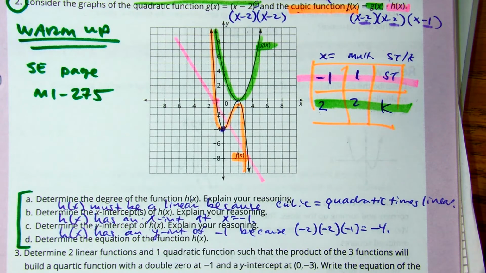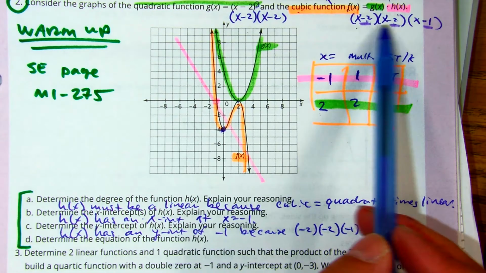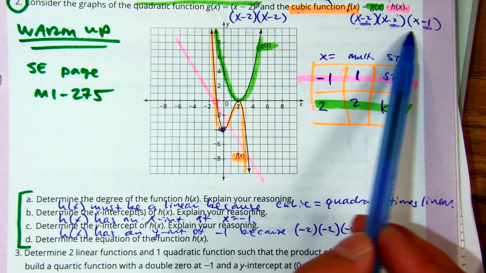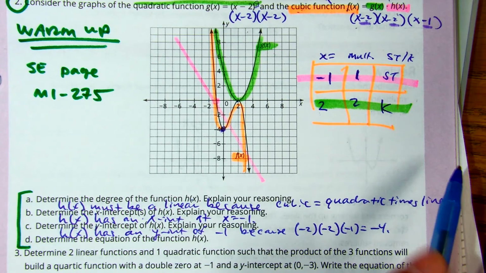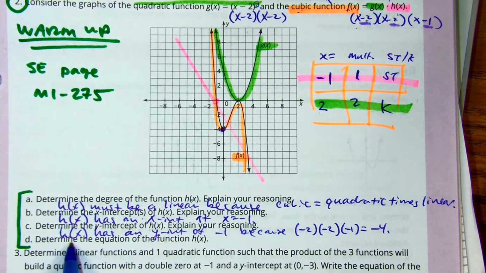So again, how do you get the y-intercepts? If you actually just multiplied all of this out, you can get it in standard form, and it's basically the last term. And I was hoping to avoid it, but determine the equation of the function h of x.